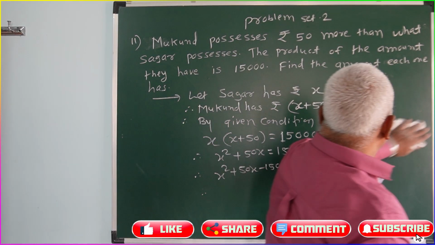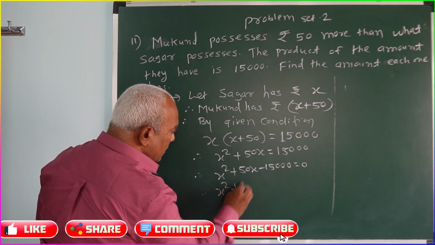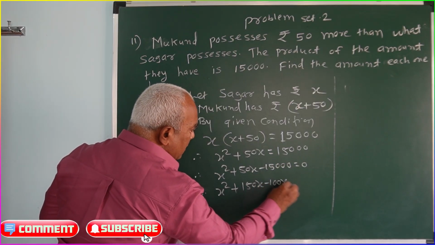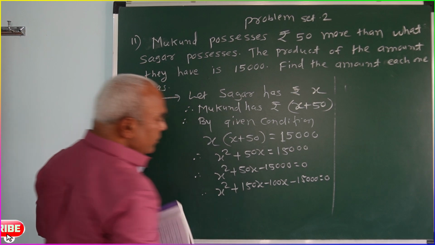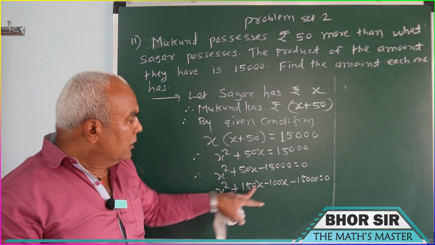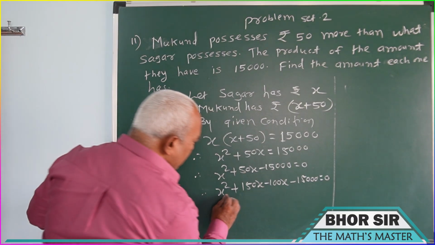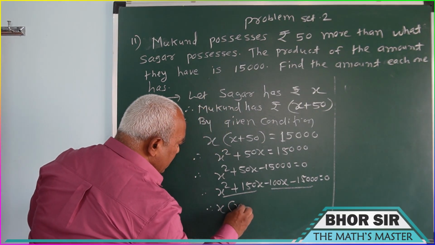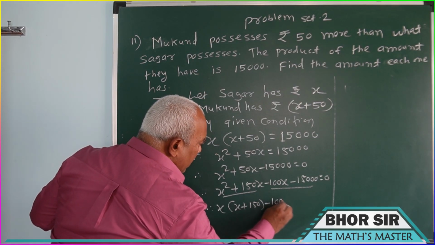Then the equation will be X square plus 150X minus 100X minus 15,000 equal to 0. This plus, this minus, because we want the difference as 50. X common in bracket: X plus 150, minus 100 common.